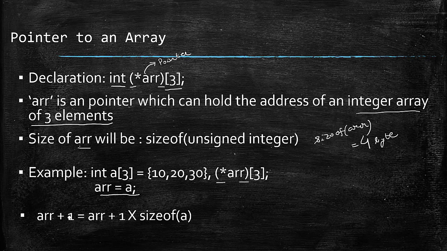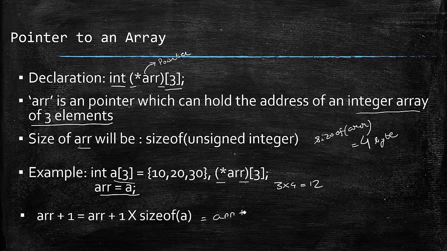Now, here you need to see I add an integer value to ARR. What will be the next value of ARR? Now ARR is holding an address of an array. So if I increment ARR by 1, it should hold the next possible address for another array. Now how much size is this A array taking? It is taking 3 into 4, that is 12 byte of space. As it is taking 12 byte of space, adding 1 to it means ARR will be incremented by 12.